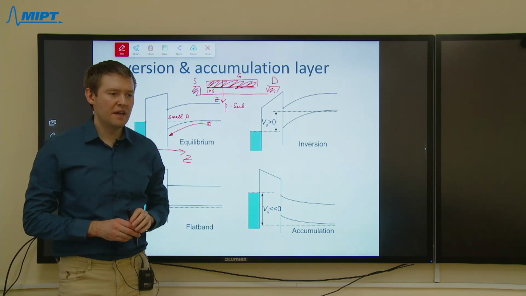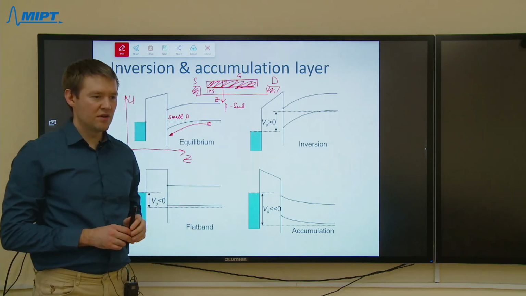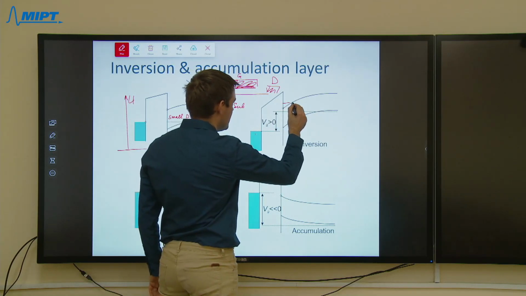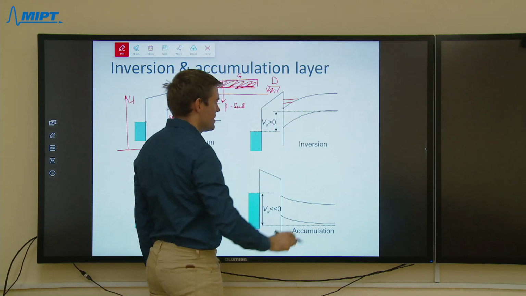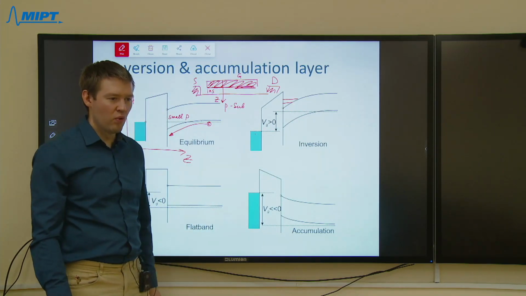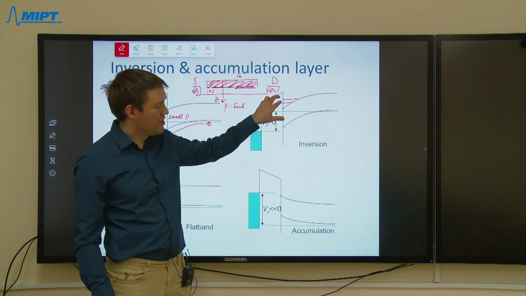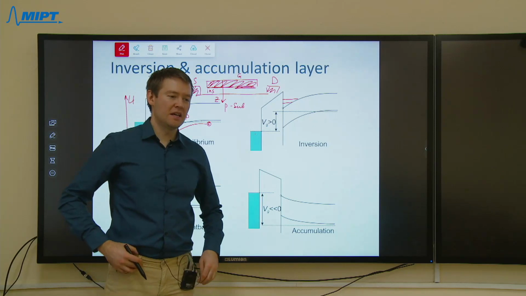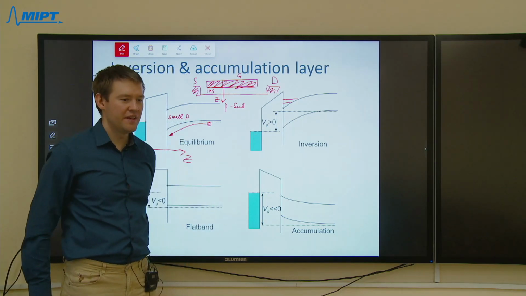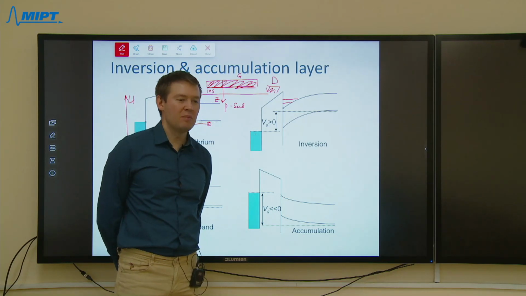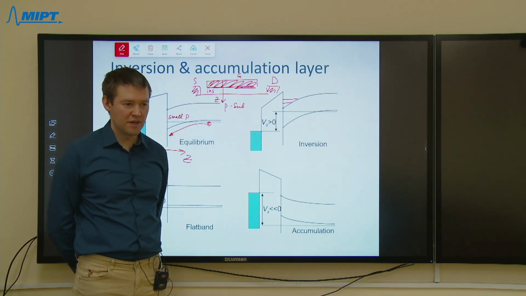Of course, here we would not consider the effects of possible quantization in this well, but these effects can be important at low temperatures when the temperature is smaller than the level splitting. And actually I have already told that this inversion layer can be a simplest example of two-dimensional electronic system.